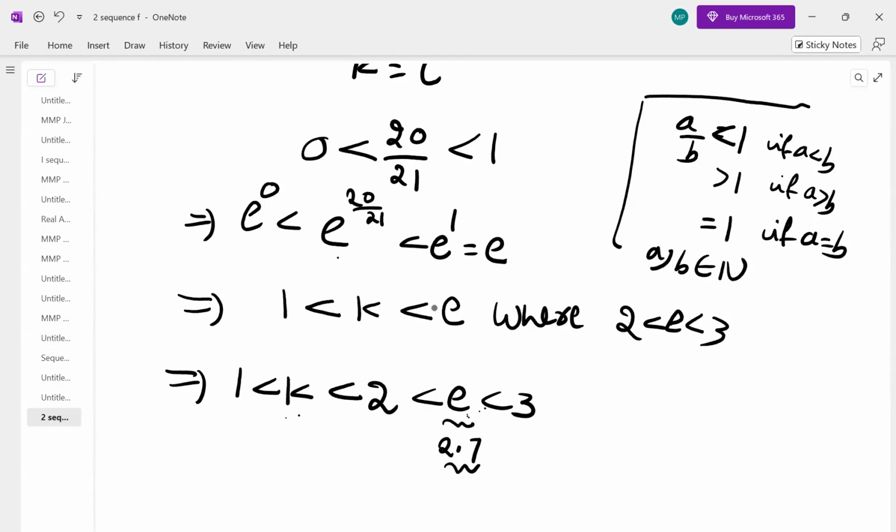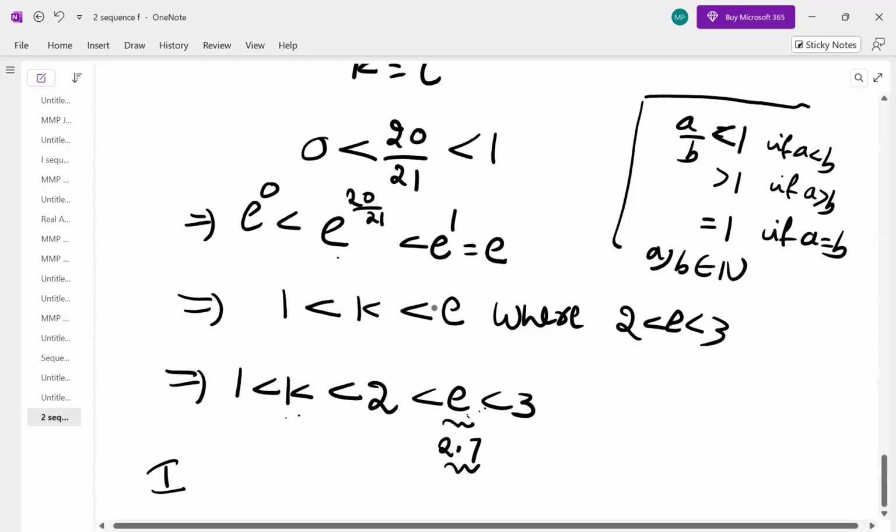So after k, the least integer not less than k.